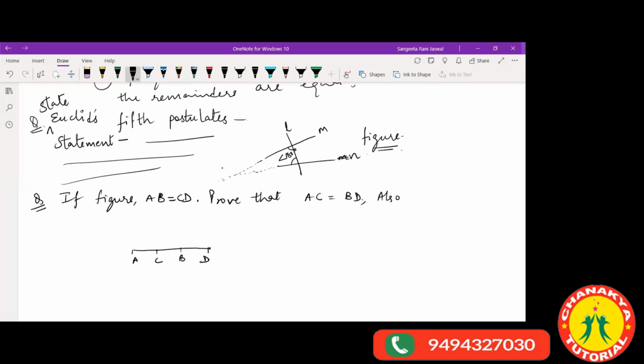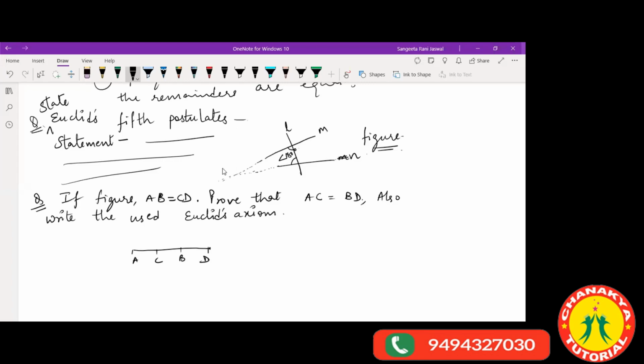Also write the used Euclid's axiom. So whatever axiom is used here, that also you have to mention. Okay, this is the question. It's very well specified in the question. In this figure, AB is equal to CD. Prove that AC is equal to BD. Okay, and write the axiom.